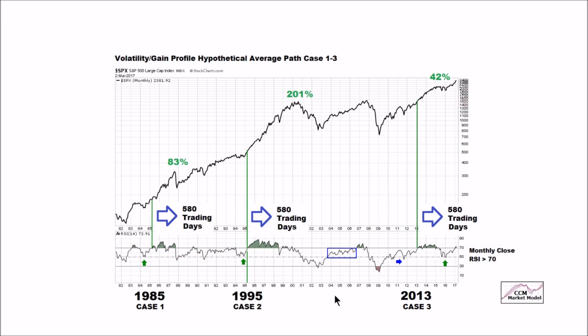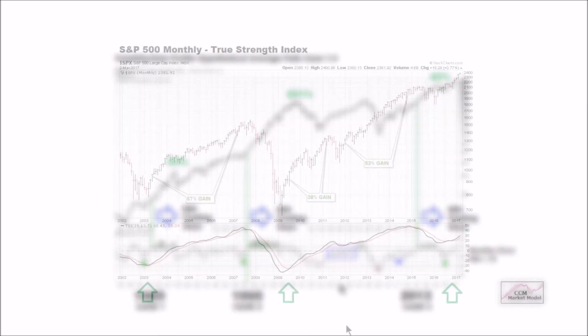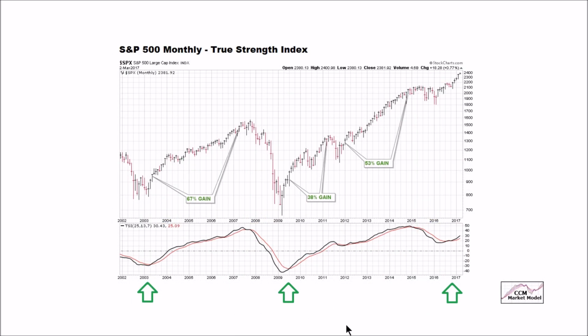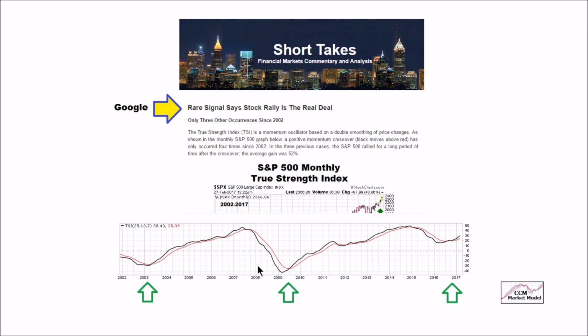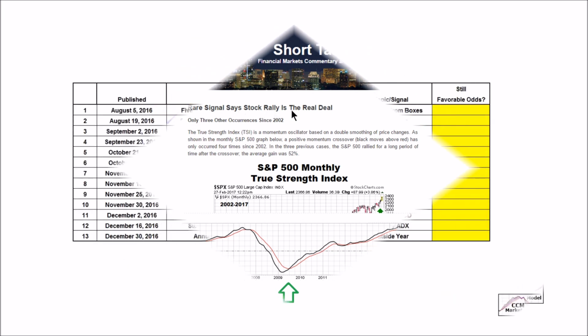Is there anything else that we haven't covered in these videos in the past that aligns with this type of analysis or leans bullish from a longer-term perspective? The answer is yes. On short takes, we recently covered these moves here in the True Strength Index. You can find the charts and the analysis by Googling this title here.